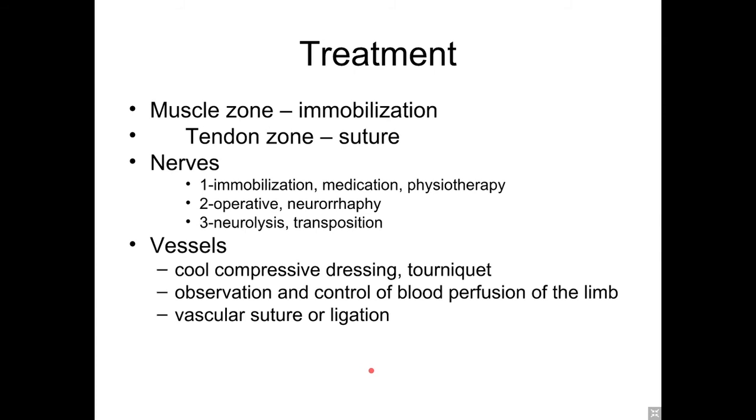What is also important in treatment of vascular trauma is the observation of the patient, the observation of the condition of the limb, because compressive dressing can destroy the circulation of the distal part of the limb. This should be detected and prevented. That's why patients need observation by an educated person.